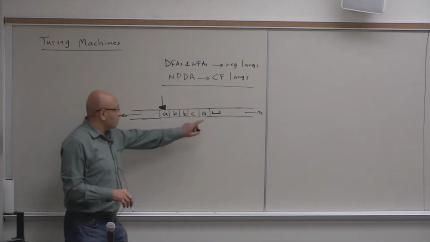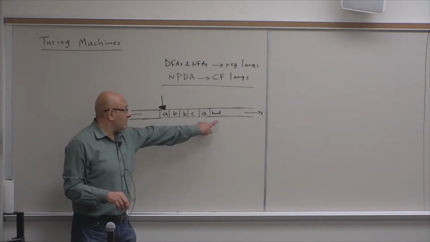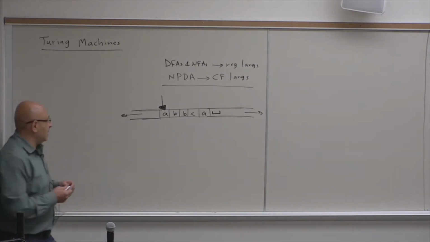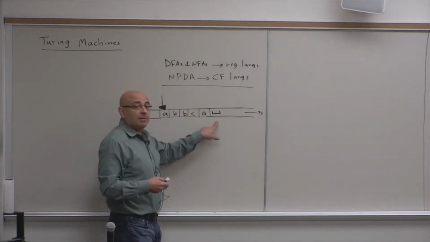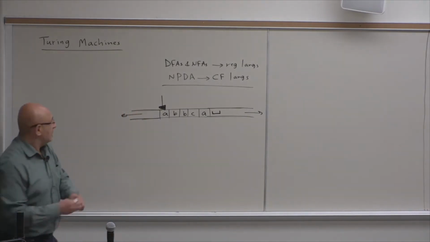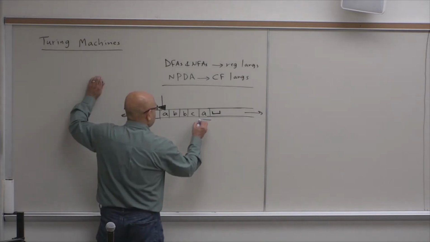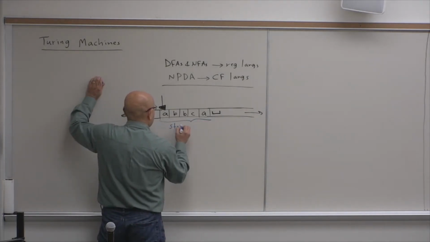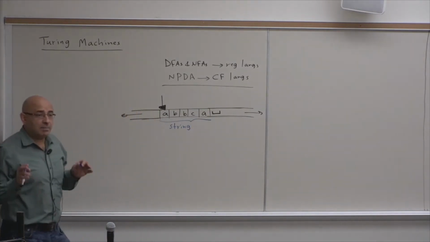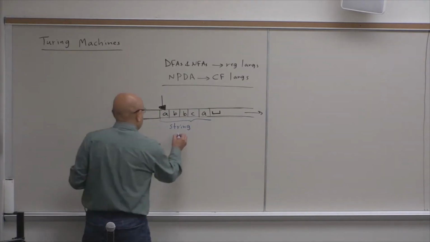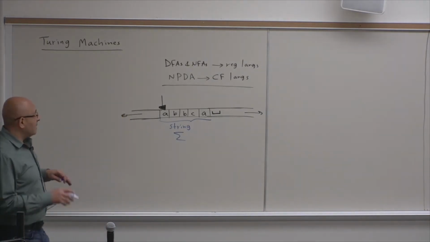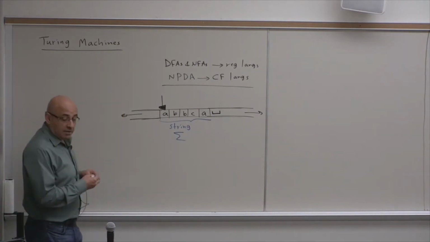Clearly, this symbol cannot belong to the input alphabet, so it must be a distinct symbol. The string has symbols that belong to the input alphabet that we call sigma. And in the Turing machine, there is the tape alphabet that we call gamma.